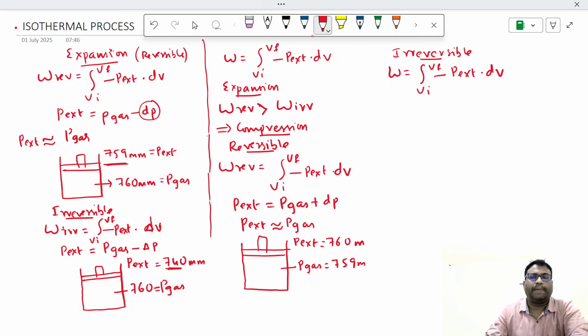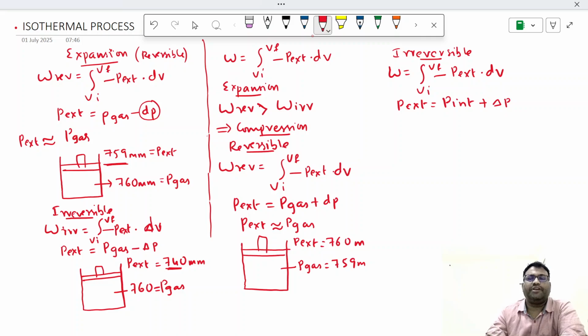See, P external is equal to P internal plus delta P, a finite amount of pressure.